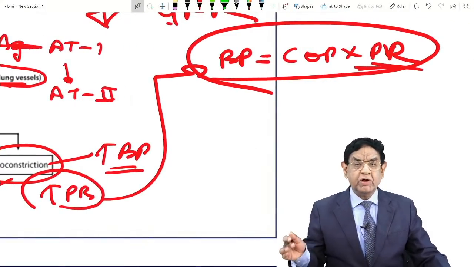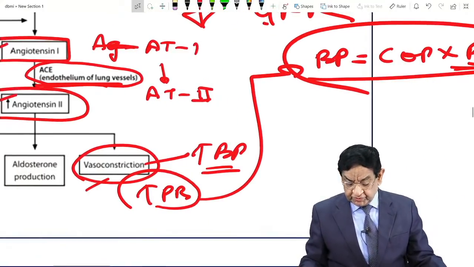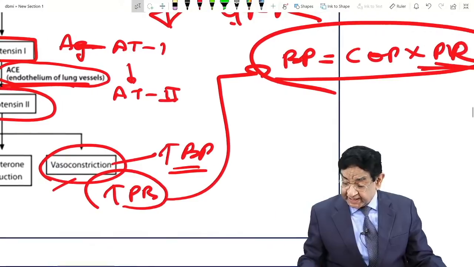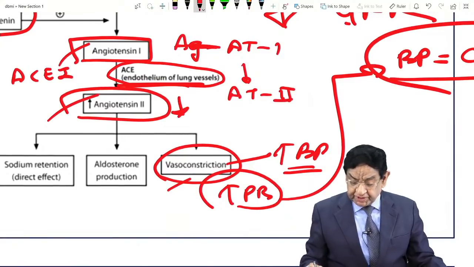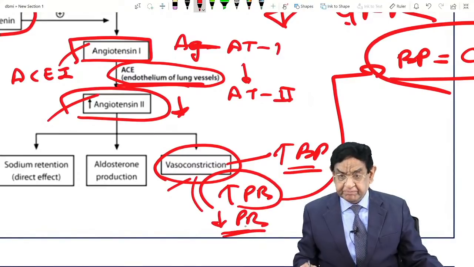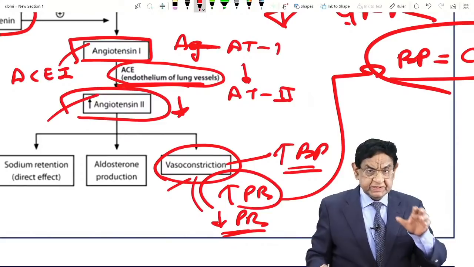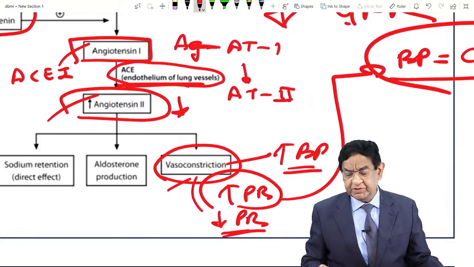Now we correlate this physiology with pharmacology integration. Whenever we use ACEI, this will lead to reduced formation of angiotensin II, and that will lead to reduced peripheral resistance. BP will come down. That is the basic pharmacology of why we use ACEI to reduce blood pressure.